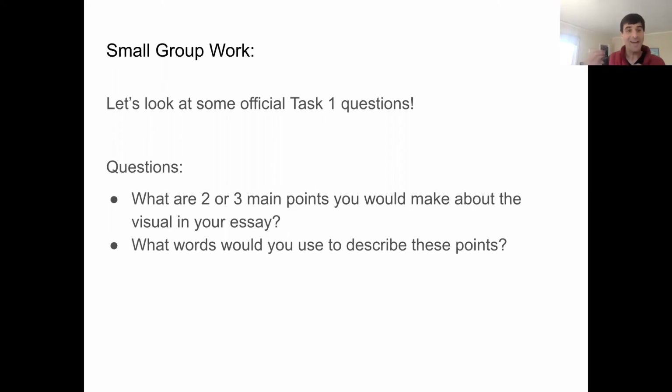So you're going to have these two things open, the prompt and the vocabulary resources, and try to decide what language, what words would be useful for you with this particular question, okay? Does that make sense? The directions are up here on the screen.